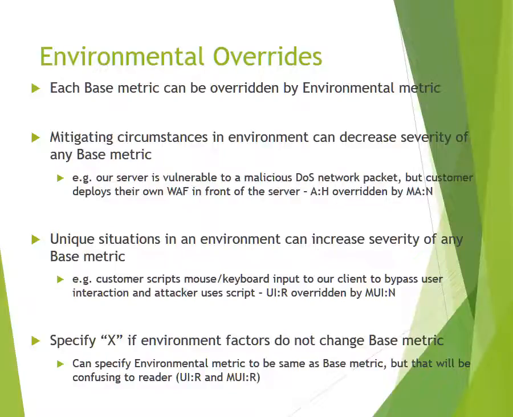And you could say UI:R and MUI:R, but that would only confuse the reader of the vector. So I recommend that if that's the case, you just specify X, which tells everyone the environment did not change this base metric.